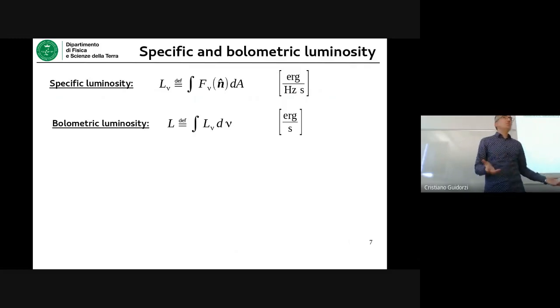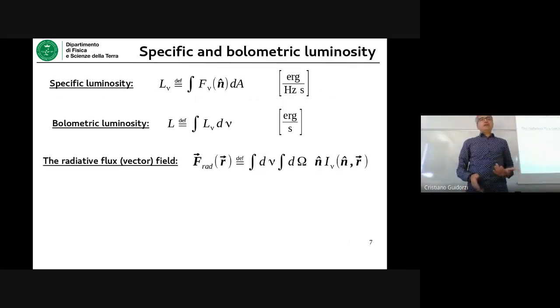So luminosity is a power: how much energy a given object is emitting per unit time. You can just say luminosity. As I told you, when nothing is specified, it's meant to be volumetric. So either volumetric luminosity or just luminosity, that's the same quantity.